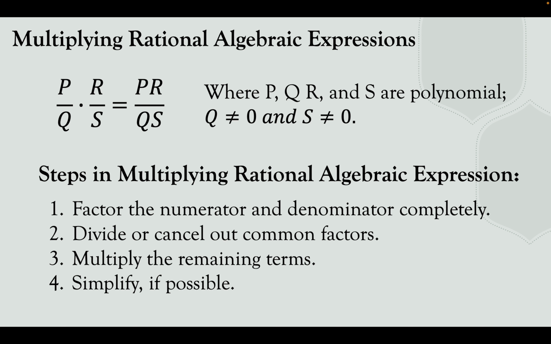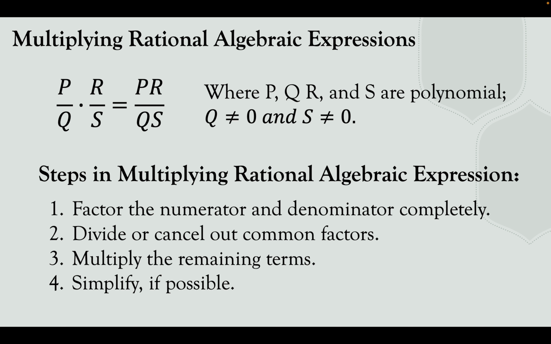So step number 1, we need to factor the numerator and denominator completely. 2, we need to divide or cancel out the common factors. 3, multiply the remaining terms, and 4, simplify it if possible. But then again, it's up to you. What is your most convenient way in how to simplify multiplying rational algebraic expressions?